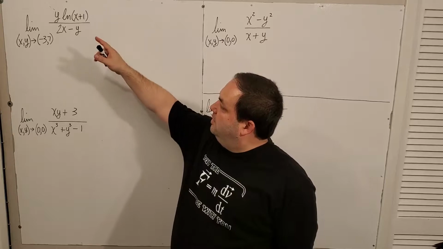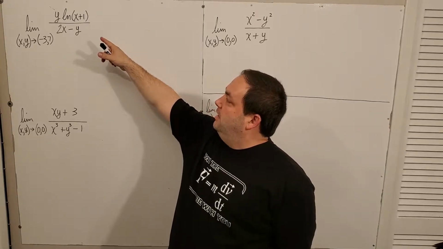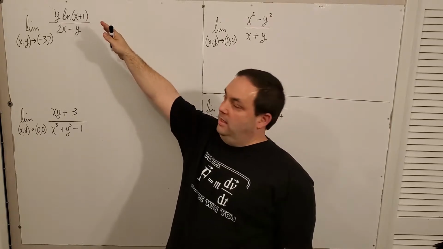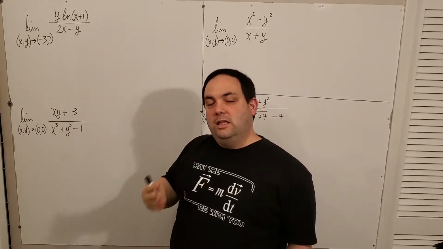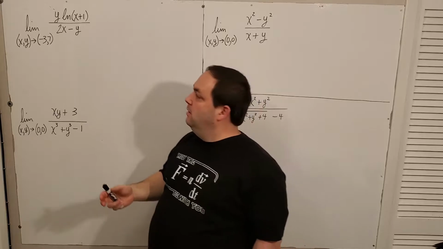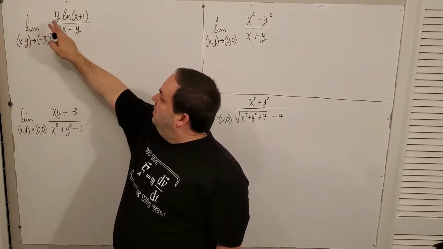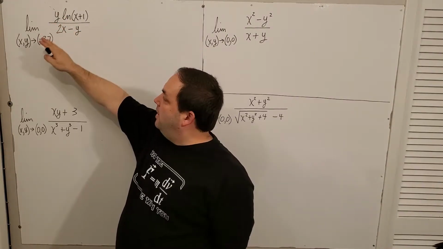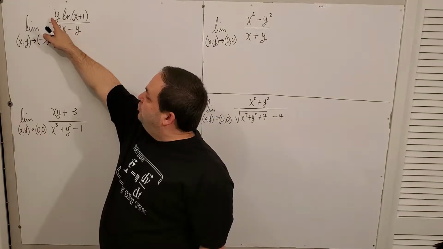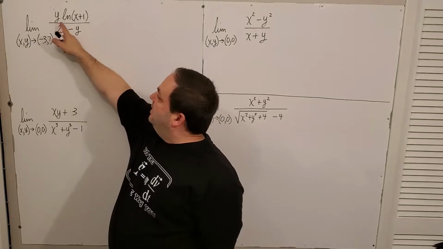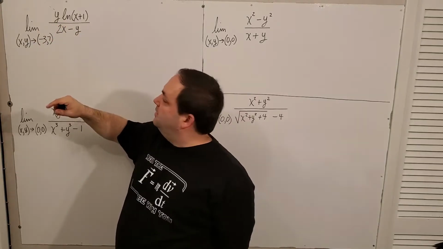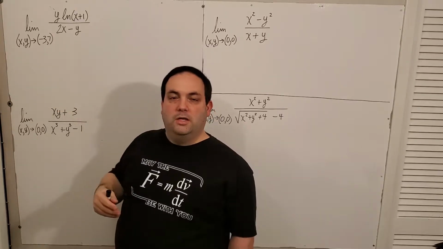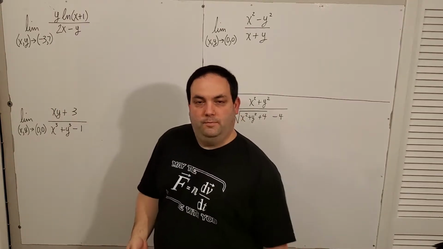So whether it's y times ln x plus 1, or if it was all just x times x, if it was nothing but x's, the limit laws work the same way. The limit of the product is the product of the limits, right? I can take this limit and do just y, and I can take this limit and do just the ln of x plus 1. I can take this limit and do just the 2x minus y, and so on, okay?